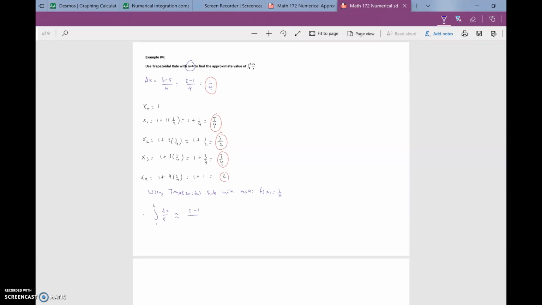over 2 times 4 times, and then it's going to use f of 1 plus 2 times f of 5/4 plus 2 times f of 3/2 plus 2 times f of 7/4 plus f of 2.